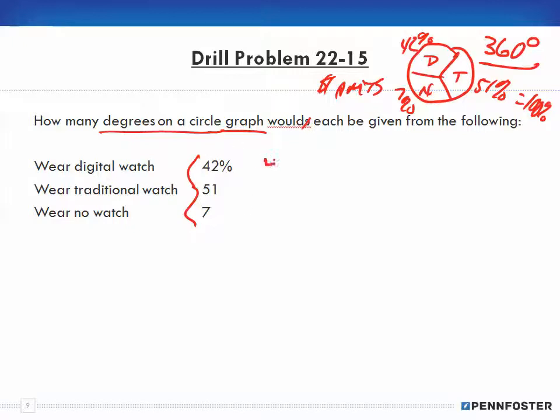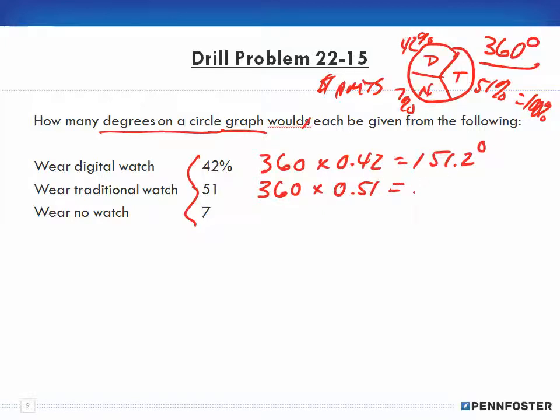I'm going to take 360 and multiply it by 0.42. That's 42% in decimal format, and that ends up being 151.2 degrees. I take 360 times 0.51, or 51%, and that gives me 183.6 degrees.